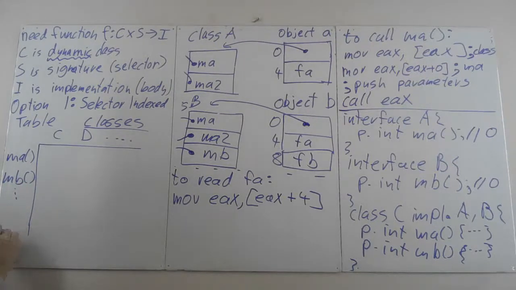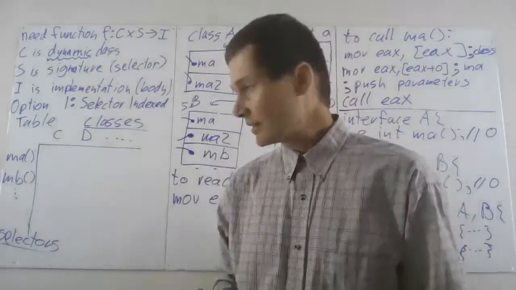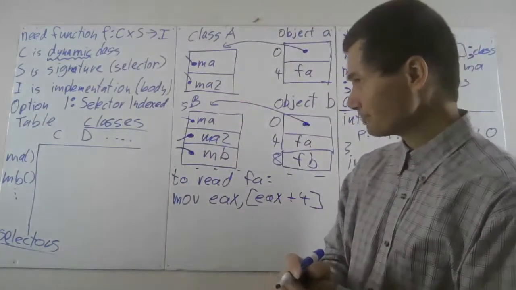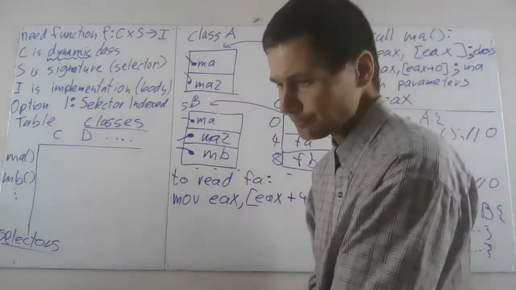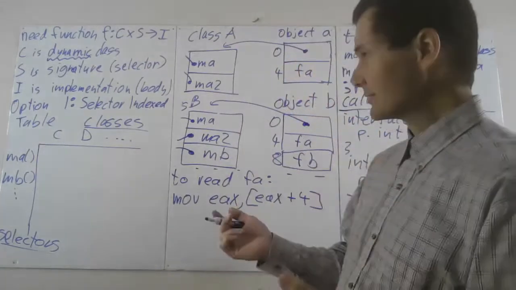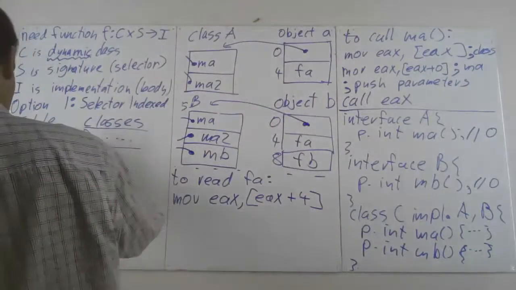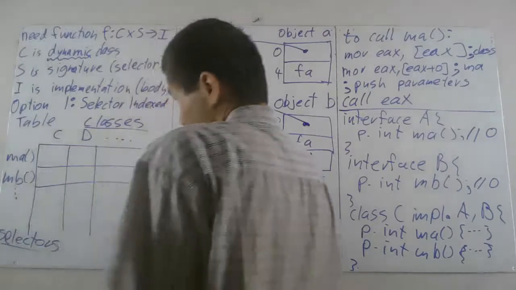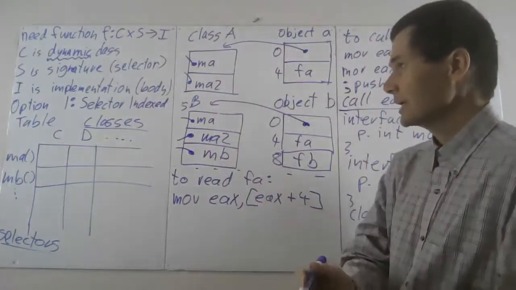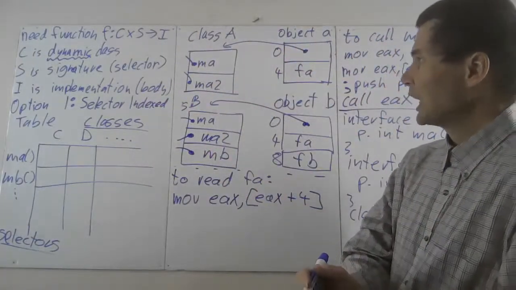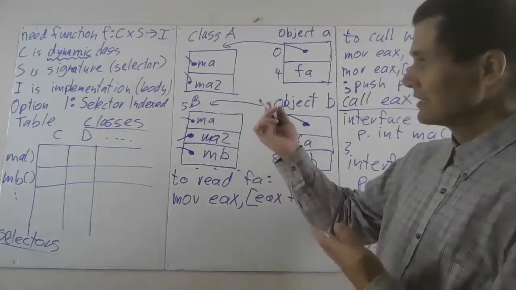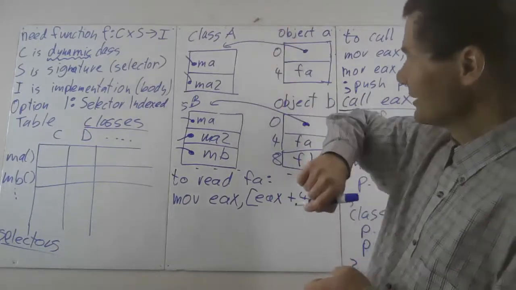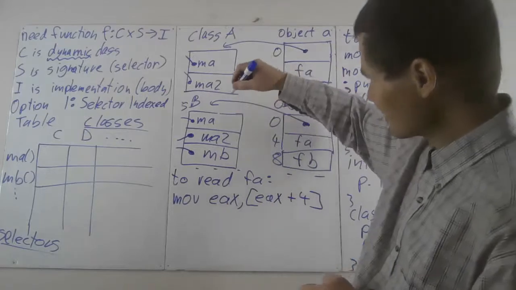So these are the selectors, right? The combinations of names and lists of parameter types. All right, and so this is just going to be a grid of implementation addresses, like a two-dimensional array. It's kind of what you would expect.